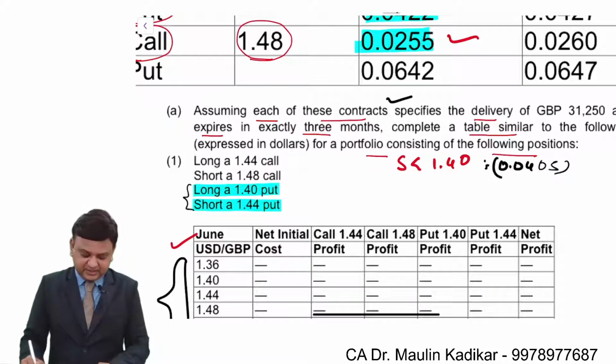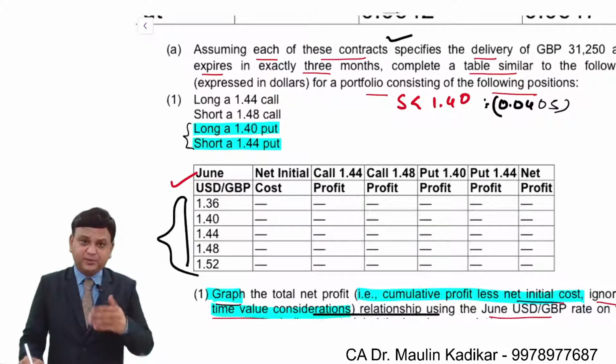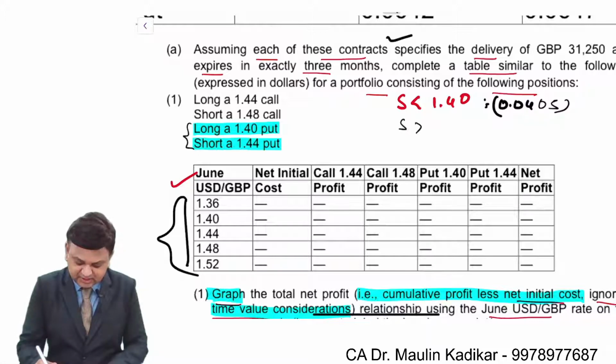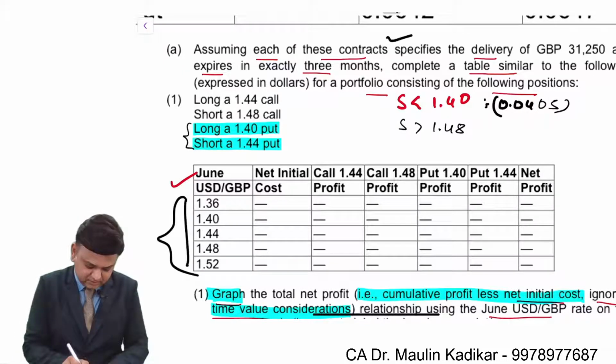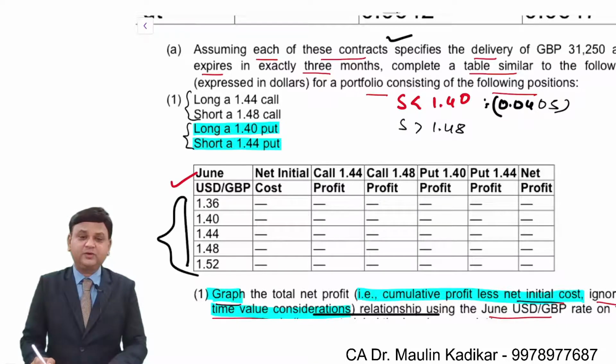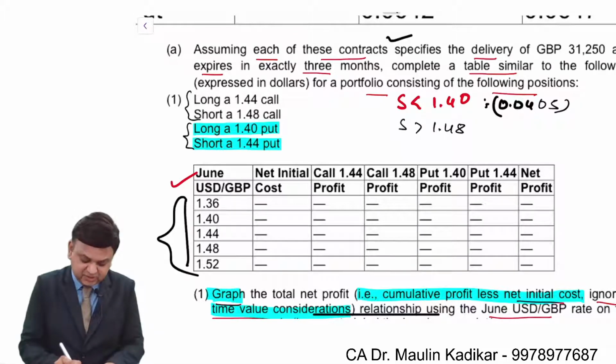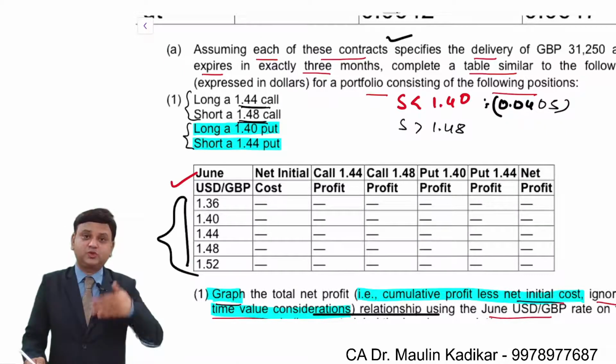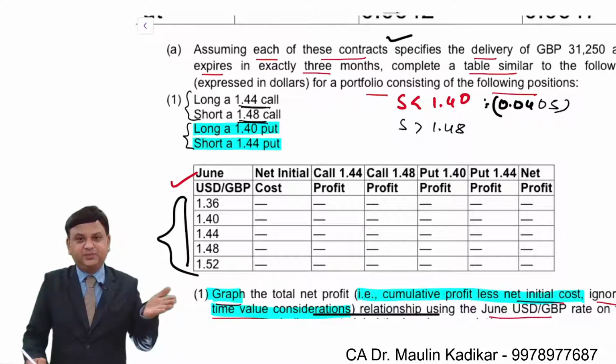Now suppose the spot exchange rate is greater than 1.48. The call option which you have purchased will have the positive payoff, and the call option that you have sold has a positive payoff for him and a negative payoff for you.